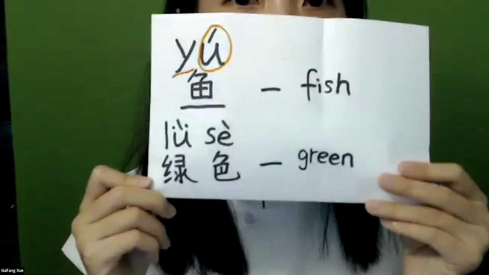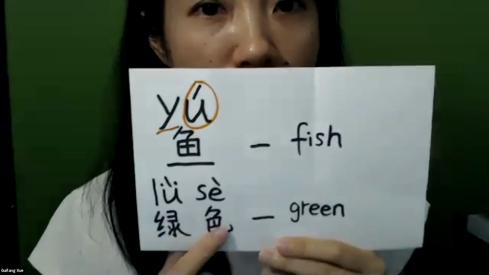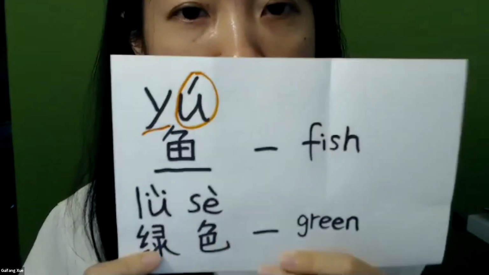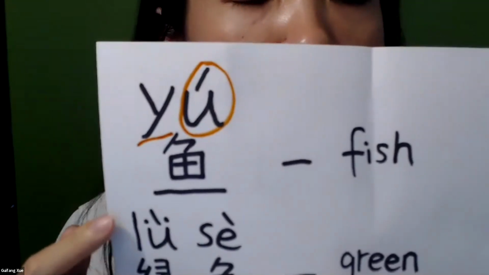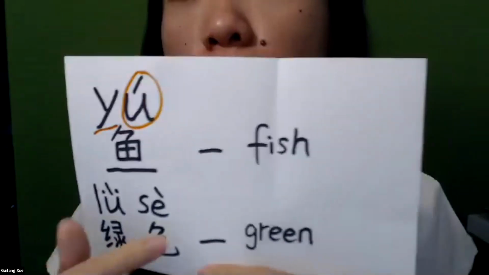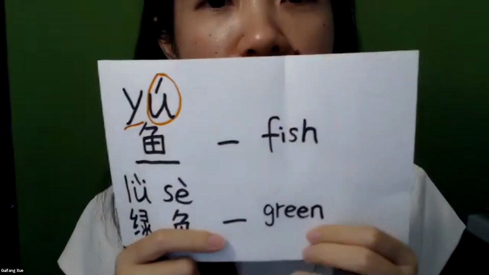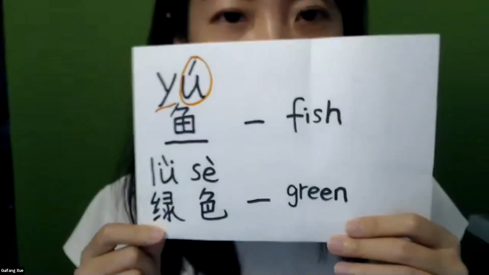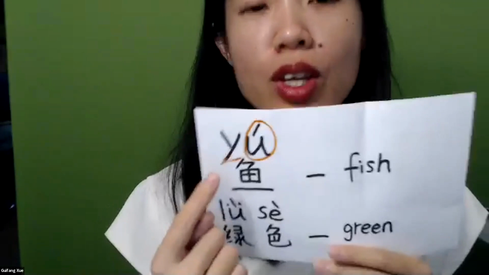Yu, the fish, yu. And then, as you can see here, the color green, lü se. You see the dots are still there because it's L. It's not J, Q, X, Y, it's L. So the dots are still there. So it's lü se. Lü se means green, like this green screen. Do you get it? Let's read them together.